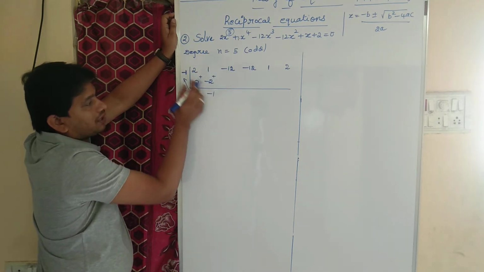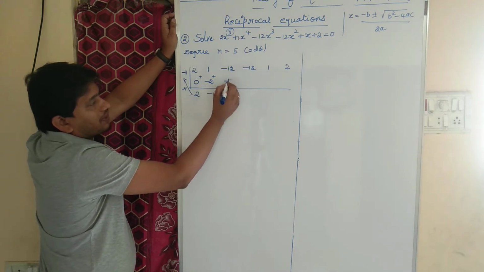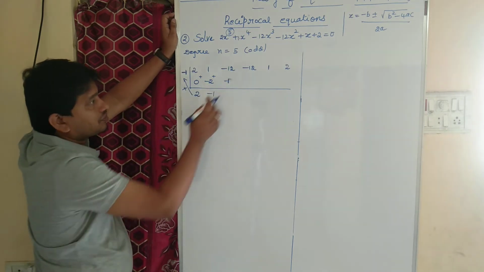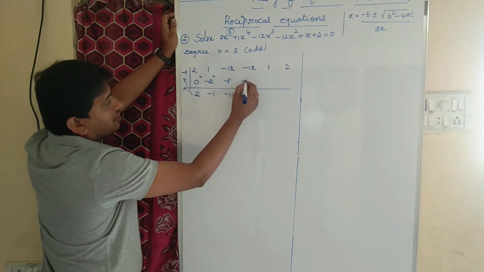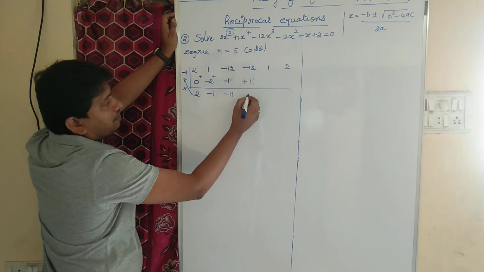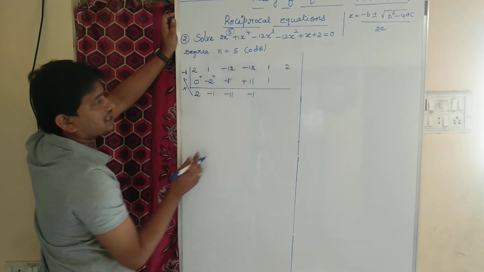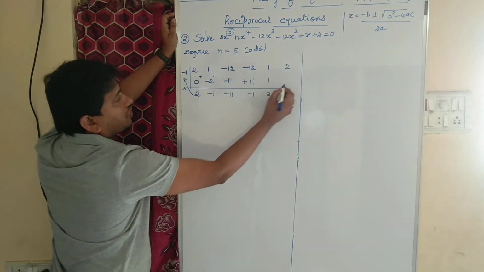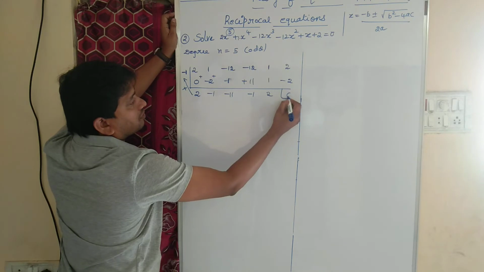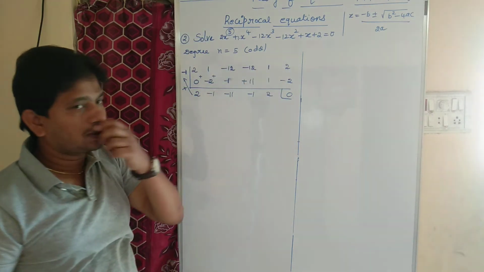Multiply minus 1 into minus 1, plus 1. Minus 12 plus 1, minus 11. Minus 11 into minus 1, plus 11. Minus 12 plus 11, minus 1. Minus 1 into minus 1, plus 1. 1 plus 1, 2. 2 into minus 1, minus 2. Hence 2 minus 2 equals 0.